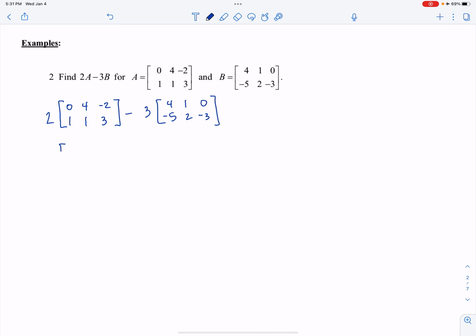This gives us 0, 8, negative 4, 2, 2, 6, minus 12, 3, 0, negative 15, 6, negative 9.